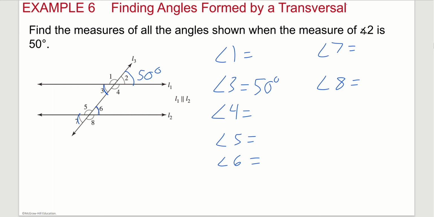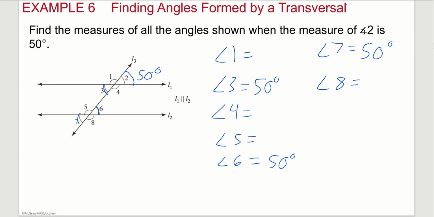Angle 2 and angle 6 are going to be what we call corresponding angles. The role of angle 2 in this top configuration is to the above and to the right of the transversal. That's the same thing as angle 6. So 2 and 6 are equal via corresponding angles. So this is 50. And then once I know that 6 is 50, then 7 is also going to be 50 because 6 and 7 are vertical angles.